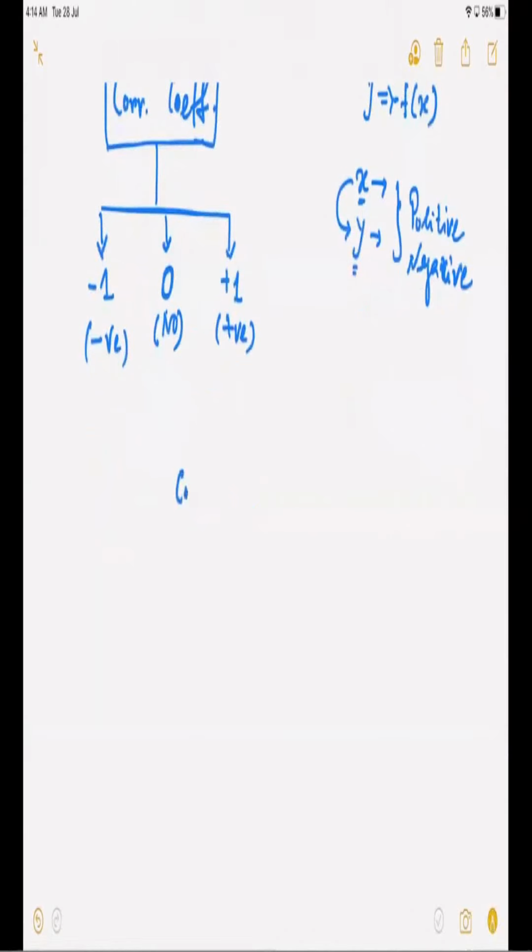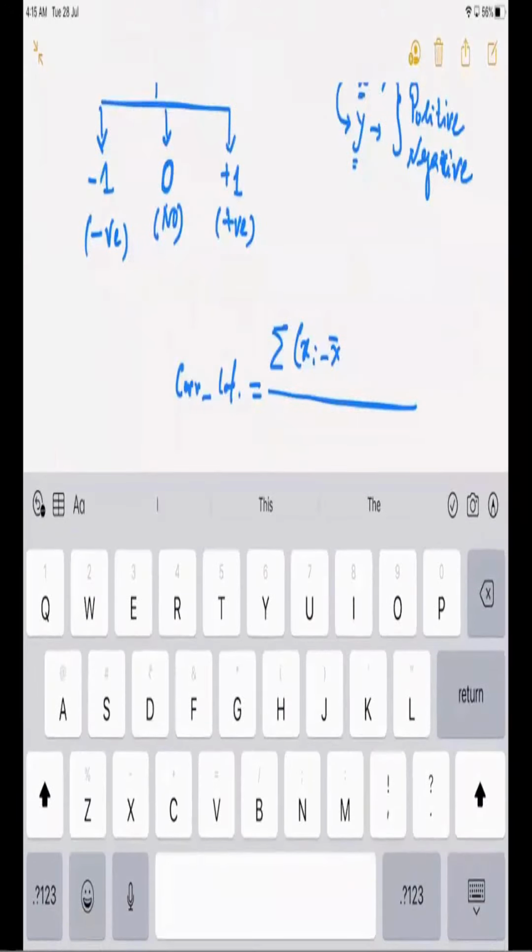I assume corr coefficient as the name of the variable, which is the correlation coefficient variable. And for that, the standard formula goes as something like this. Summation of x_i minus x bar. What is x_i? x_i can be any element in the variable x.